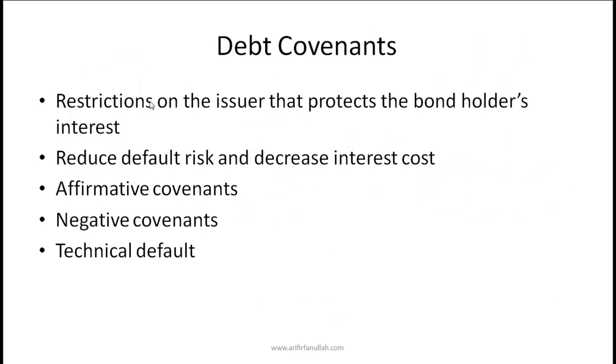Debt covenants. These are restrictions on the issuer that protect the bondholder's interest, and they help reduce default risk and also decrease the cost of issuing bonds. We will see this in much more detail in fixed income securities, but we can have either affirmative covenants or negative covenants. Affirmative covenants are where the company, the issuer, makes statements that we will do so and so.